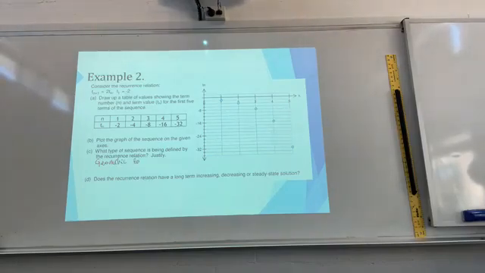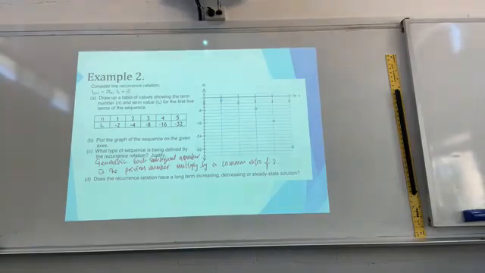So each subsequent number is the previous number multiplied by a common ratio of 2.